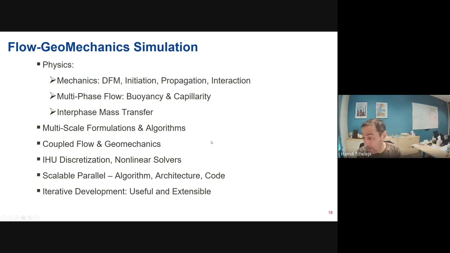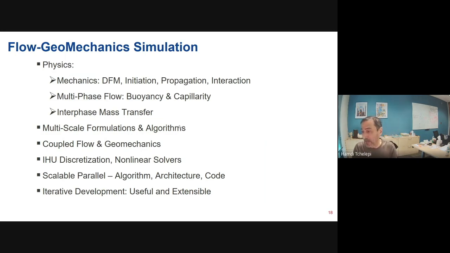We worry about coupling flow and geomechanics. We worry about the discretization and developing nonlinear solvers that are sensitive to combining the dynamics of multi-phase flow and mechanics. And we do all of this with the target of putting the stuff away in a simulator, into a numerical code that is scalable.